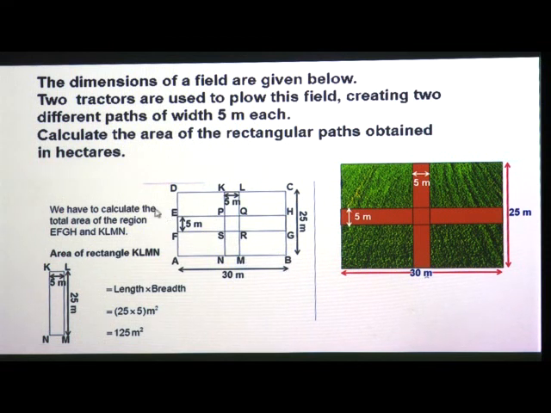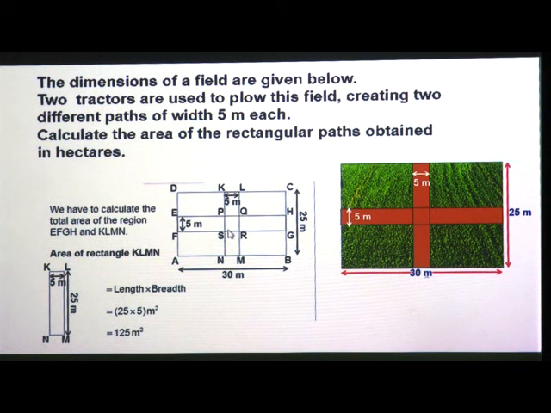EFGH. Again I will repeat, do not be confused. It is very easy, just try to understand it. Here we can already see the measurement, and it is a rectangular shape. So, we had drawn one rectangle which is labeled as A, B, C, D. It is given in the question that there are two paths made by the tractors, of width 5 meter.